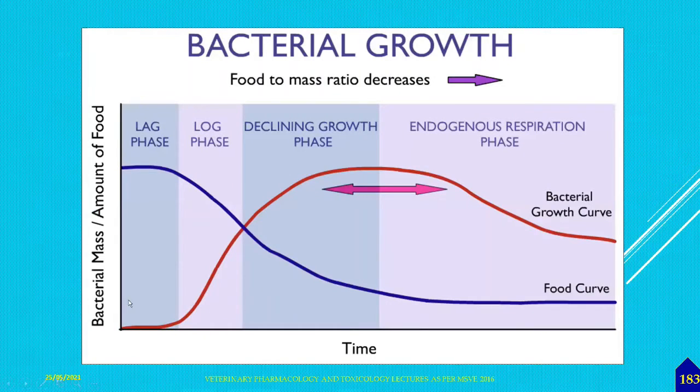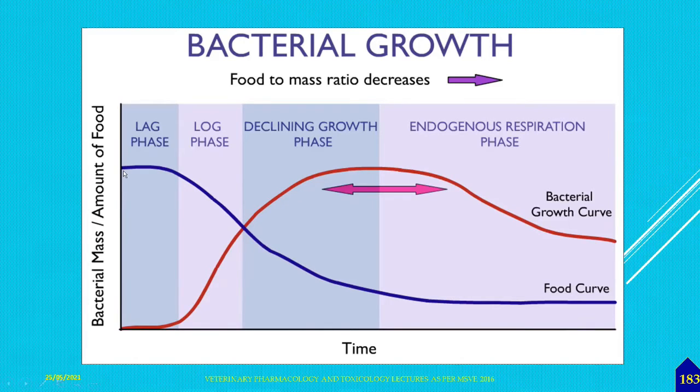As the time increases, this is the bacterial growth curve. This is the lag phase, and this is the log phase, which is almost a straight line, the increasing phase, whereas this is the stationary phase and this is the death phase. The lag phase has a short initiation, then in the log phase the cells will grow.